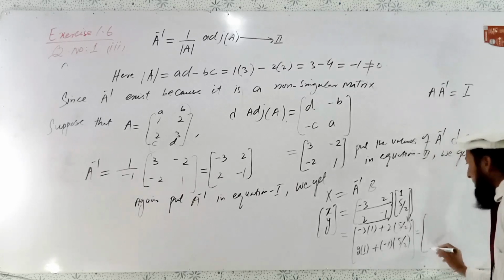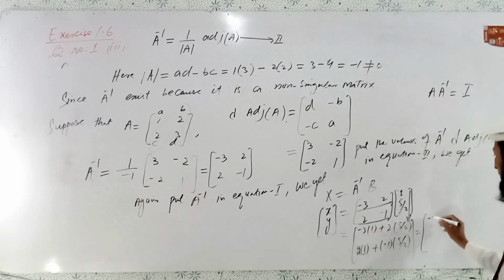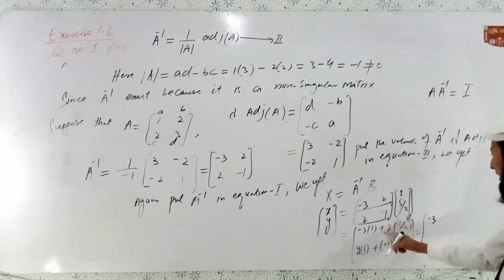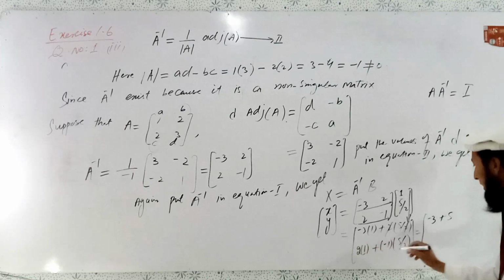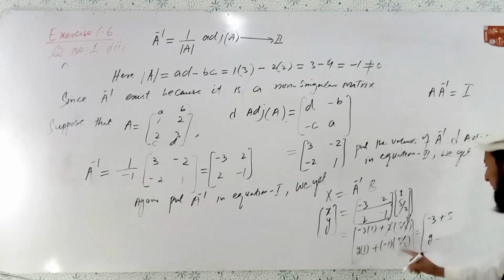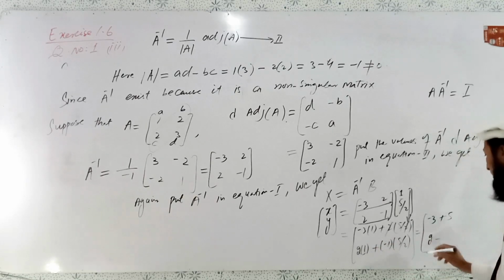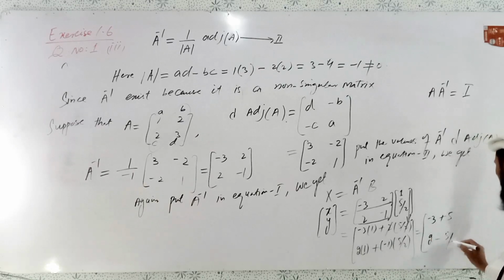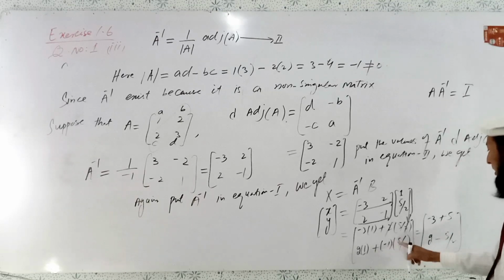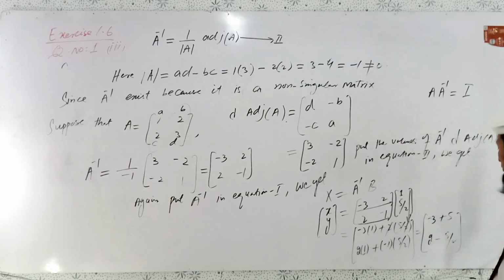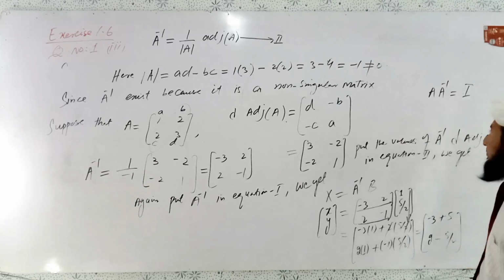Now expand this: minus 3 multiplied by 1 is minus 3, and the 2 cancels, we get plus 5. Similarly here, 2 plus minus 1 times 5 over 2, here we get minus into plus, minus 1 multiplied by 5 over 2. Now we take the LCM.